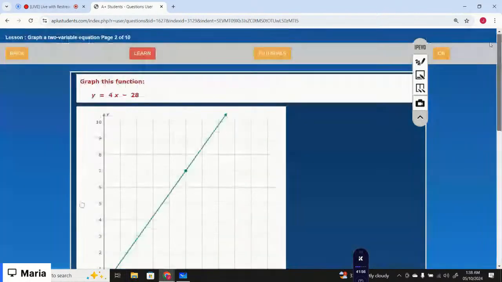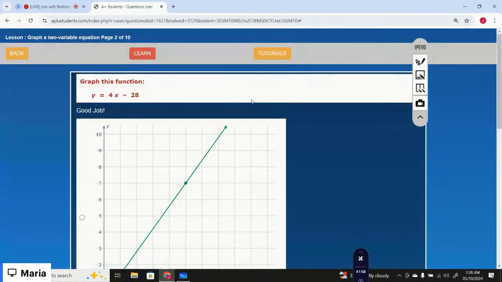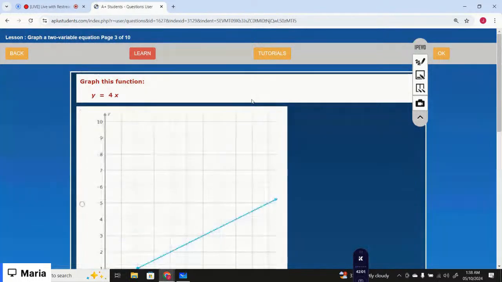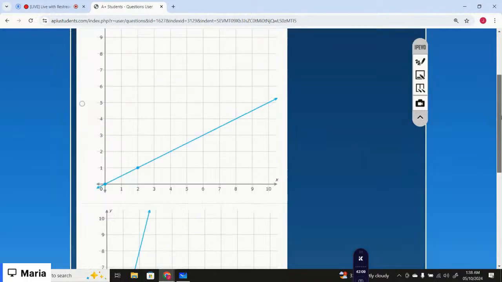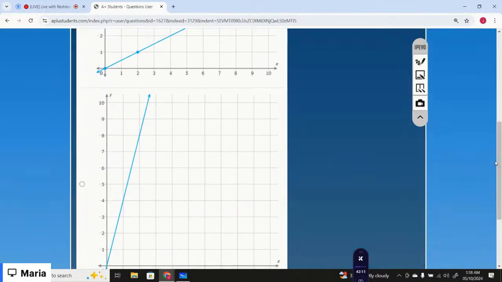Got it? That's option number 2. Y equals 4x. So which is the correct option? Yes, again, that's option number 2.